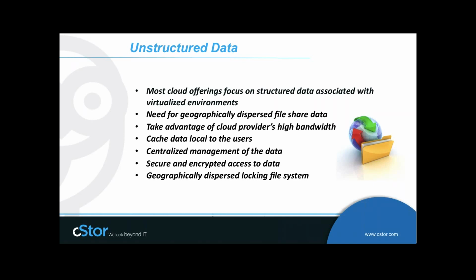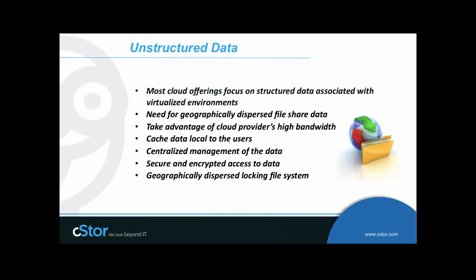These on-site, on-prem caching devices offer a secure and encrypted access to that data, so it's not like you're exposing it to everybody. And then it also incorporates a geographically dispersed file locking system. This is kind of neat, if you don't know who's going to be opening up that same file, so you only have one copy, so you know that not two people can edit the same thing.